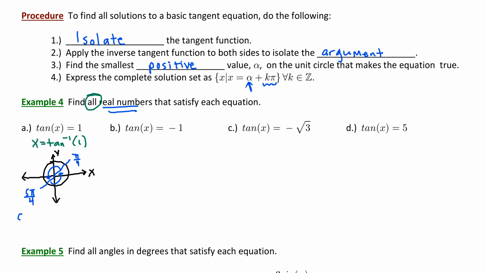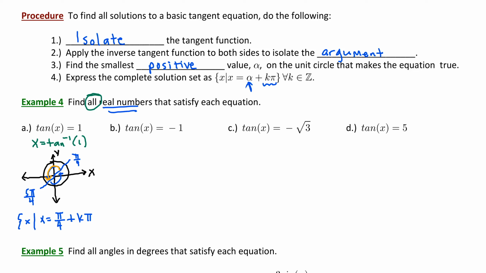So we'll be able to express all of the solutions to this equation using that first positive solution, pi over 4, as our springboard, and recognizing that we can add any multiple of pi to pi over 4 to obtain the solution. Now, if I add 1 times pi to pi over 4, I'm going to land at 5 pi over 4.